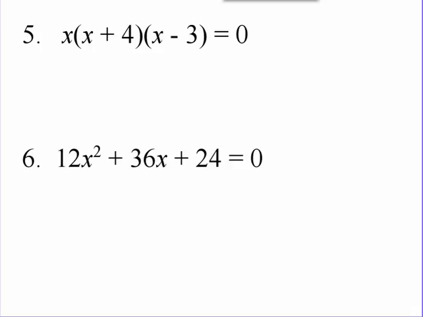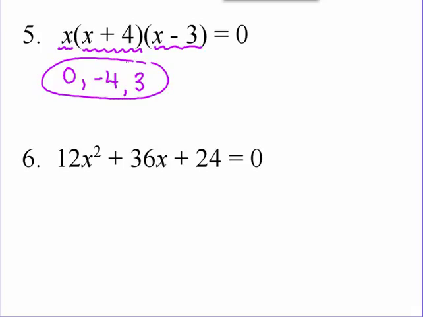That is the final step that we had before we went to our solutions, right? Yeah. So I can just look at this and say that either x equals 0, x equals what from here? Negative 4, or x equals what from here? 3. So that's actually a fairly easy problem. It's just disguised. It makes you look like you should do more, but you don't.